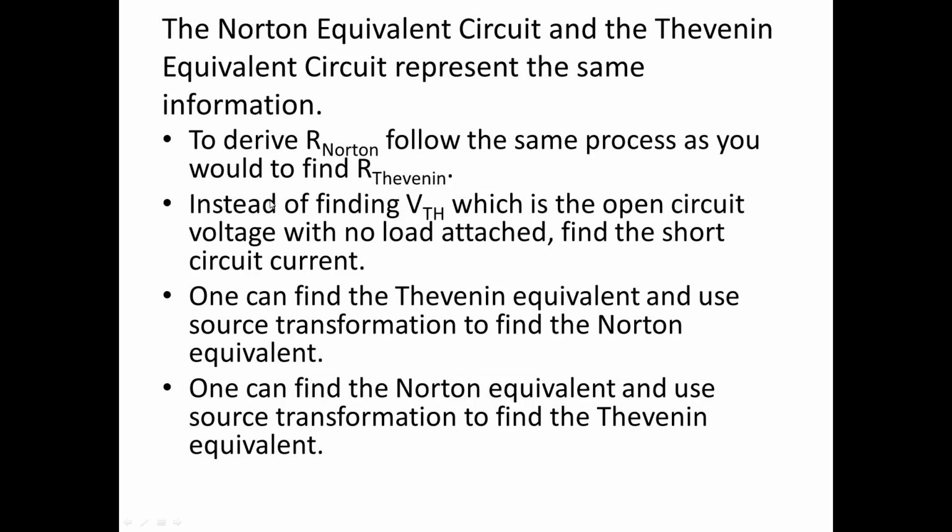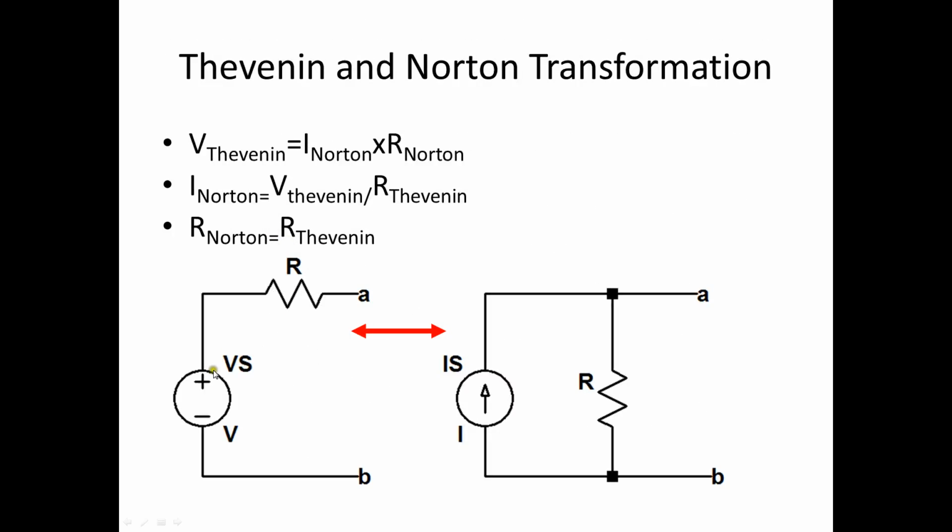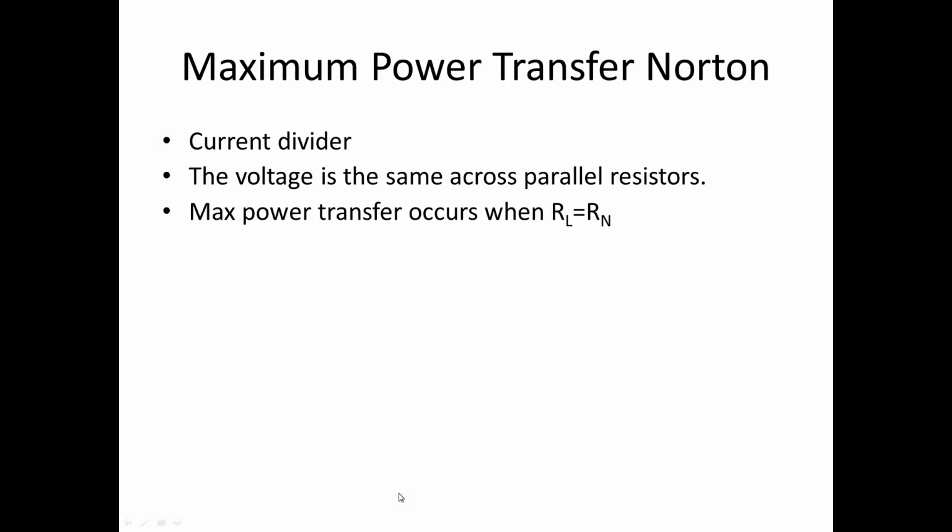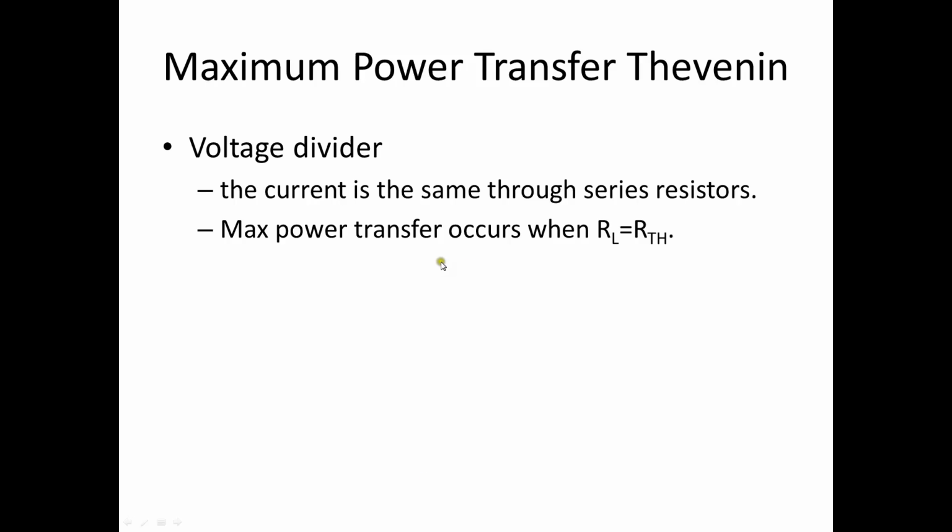So if this is a Thevenin equivalent circuit and I put an RL between A and B, it's just a voltage divider, with the voltage proportional to this value of R to that portion of RL. And we'll find out that the maximum power transfers when RL equals R Thevenin.